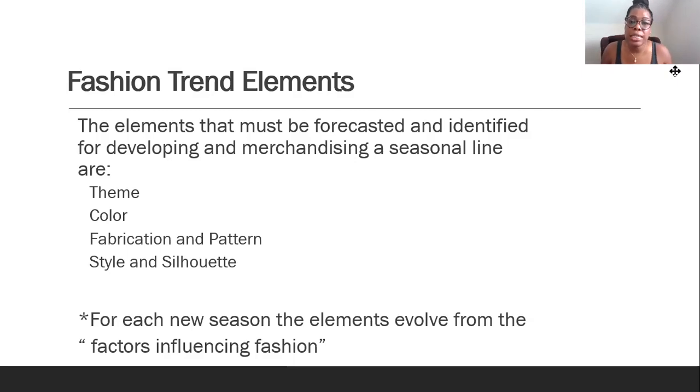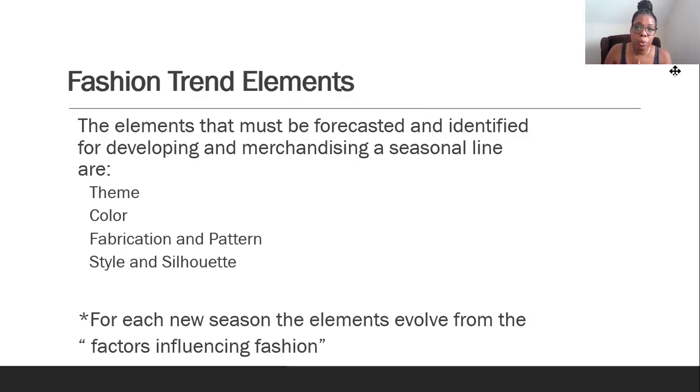So for each season, when we're talking about fashion forecasting, we forecast traditionally for a fall winter season and a spring summer season. Those are our two major seasons that we forecast for, and there are other seasons that fall within our fashion calendar.